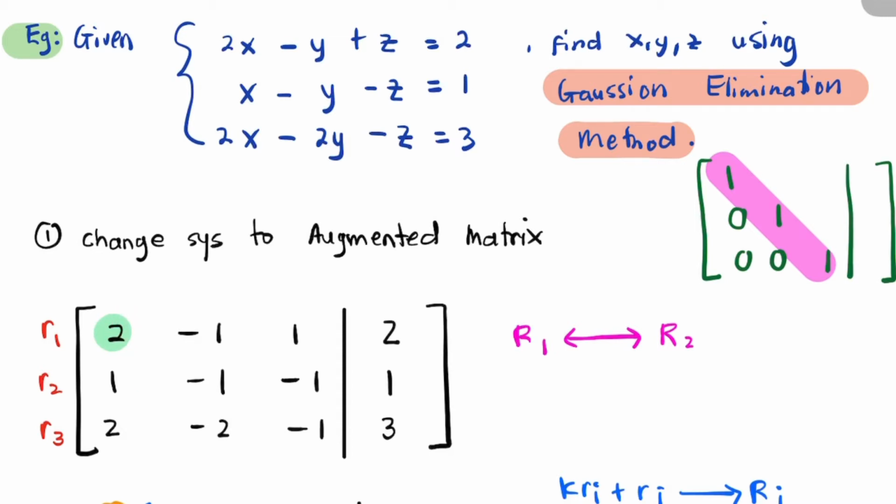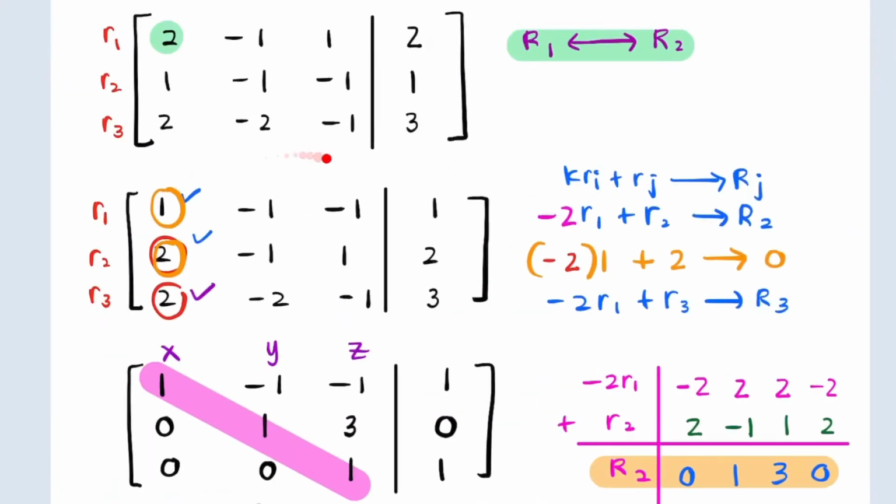You can just exchange row 1 and row 2. So just write row 1 exchange with row 2. You take the whole row 1 and replace it with row 2, and row 2 will go up here. So this is the result.